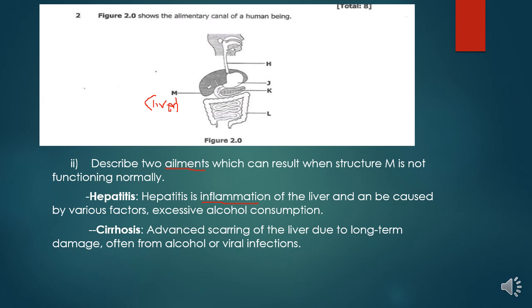The other one is cirrhosis. This is regarded as advanced scarring of the liver due to long-term damage, often from alcohol or viral infections.